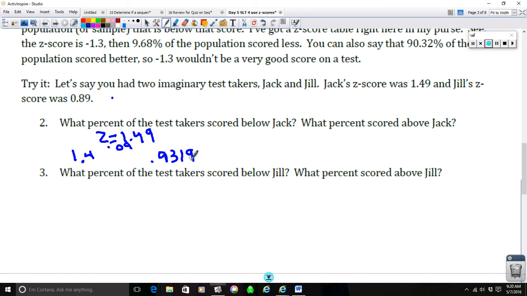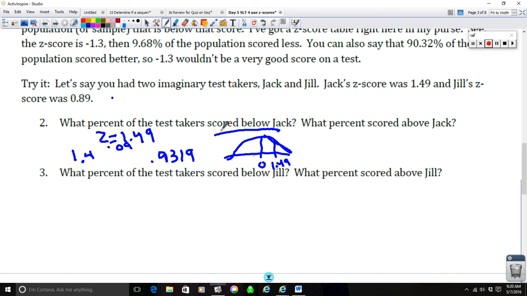Now, when you look up in the chart, it reads from the left. So that would be the percent that's scored below Jack. To find out the percent that's scored above Jack, remember, if we're at 1.49 standard deviations, get another lovely curve. Say it's about here, 1.49 standard deviations above the mean of 0.